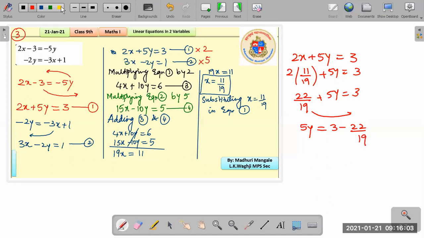And what is the process of subtracting fractions? To subtract the fractions, we cross multiply, isn't it? We can cross multiply like this. And then the denominators. So let's look at the subtraction. This is 1. So 3 times 19, that will give us 57 minus 22 divided by 19.